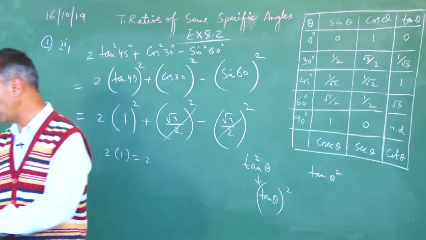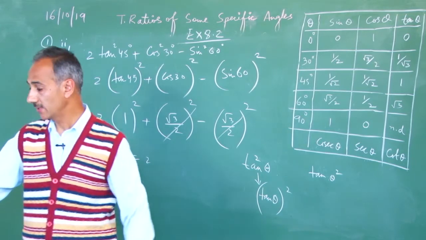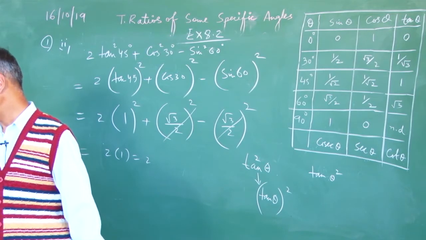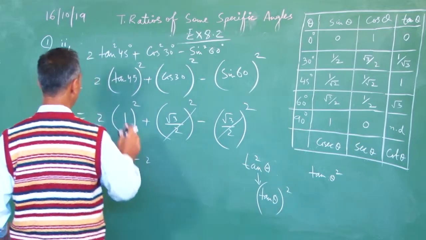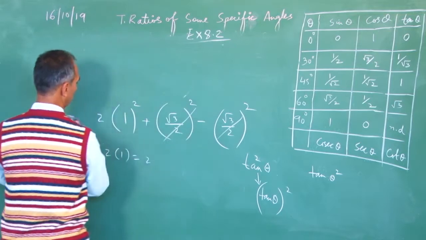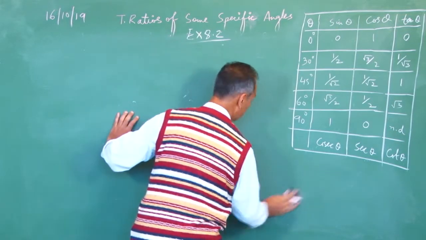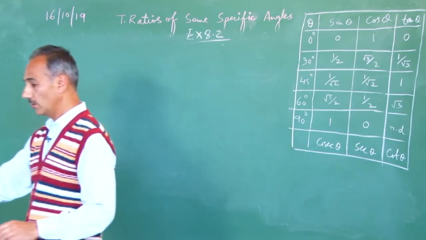This was the second part. Now there are 3 more parts for this sum. Question number 1 concerned, let me go to a higher part, like part 3. So we'll take a couple of parts here. Okay.